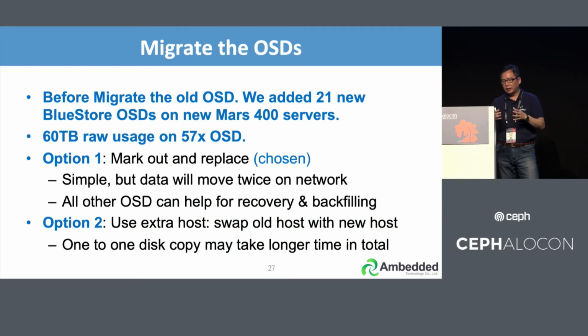When we delete one OSD, we still have 56 other OSDs that keep rehealing the PGs. And when you add it back, there are also many OSDs that can help backfill the data. So we think this is faster than the second option.